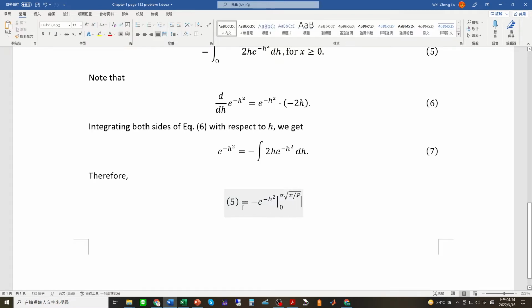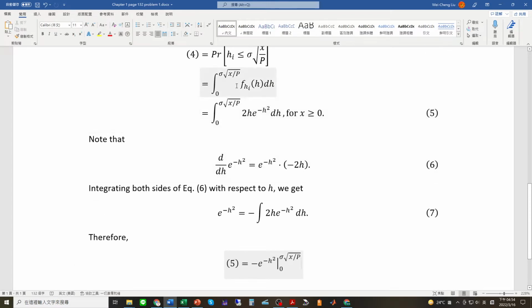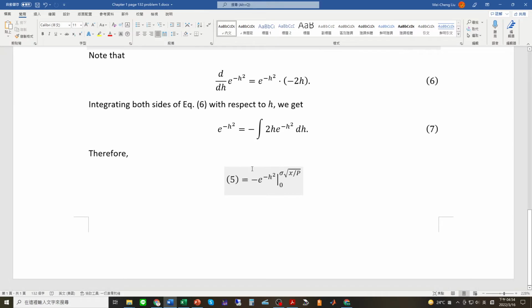Therefore, equation 5 is equal to the minus.